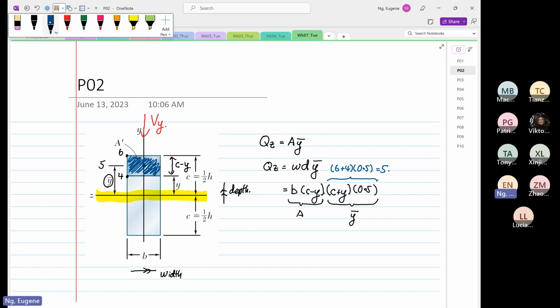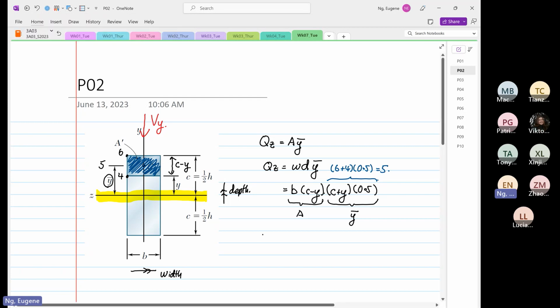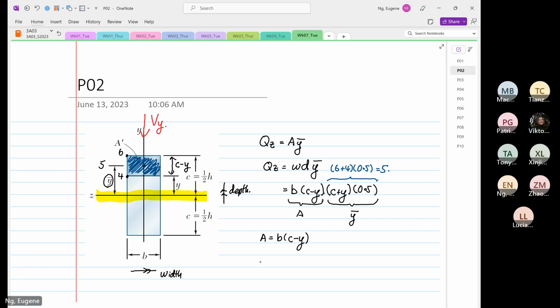Now, I want you all to focus on the area. So we know that the area is equal to B times C minus Y. Now C, when it's relative to the centroid, or to the datum, we know that Z over here is our datum.